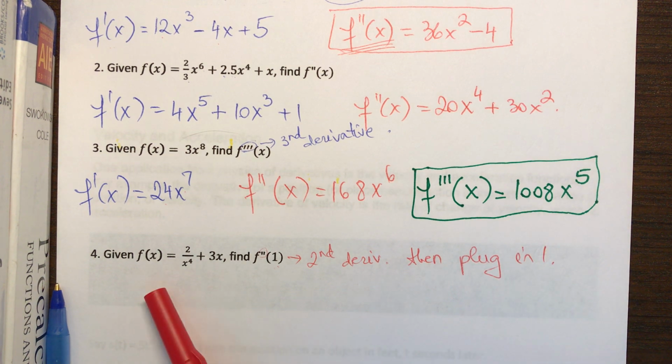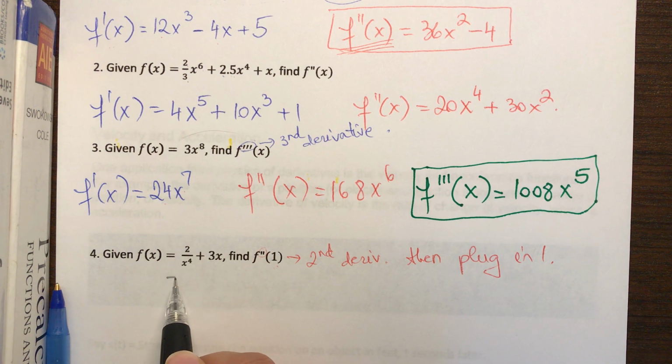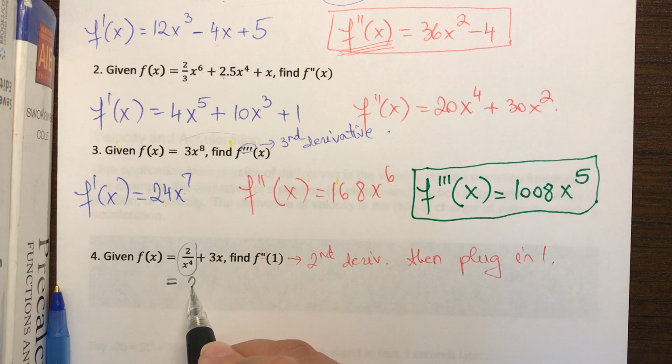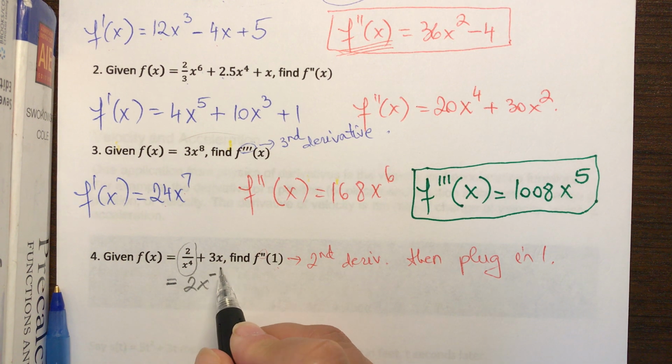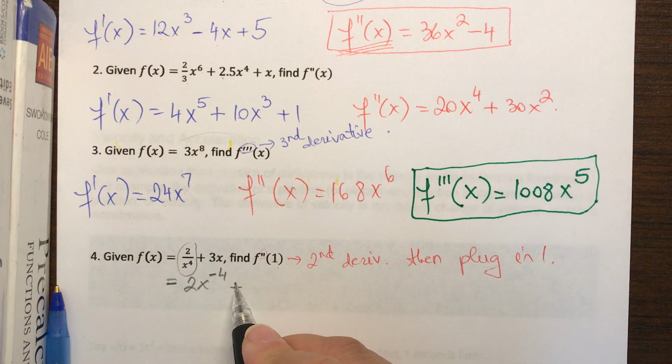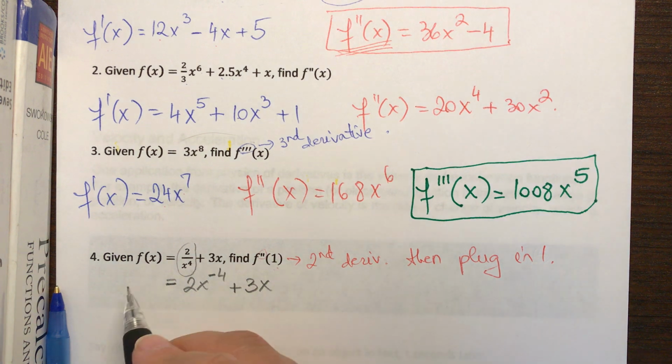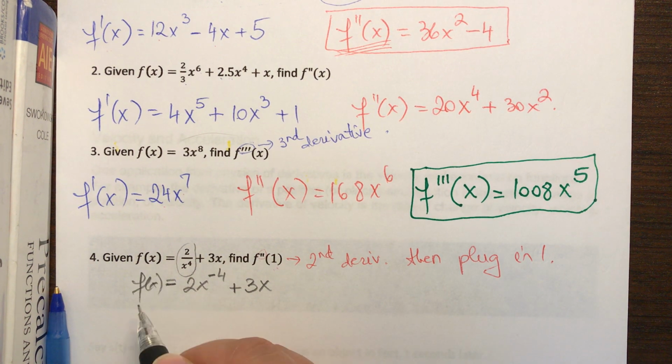Okay. Now, before I find any derivatives, what should I be doing here? I have a fraction, right, with x's on the bottom. We definitely should be fixing this. In other words, bring the x to the top to have a negative exponent, right? So I'm still on my function.